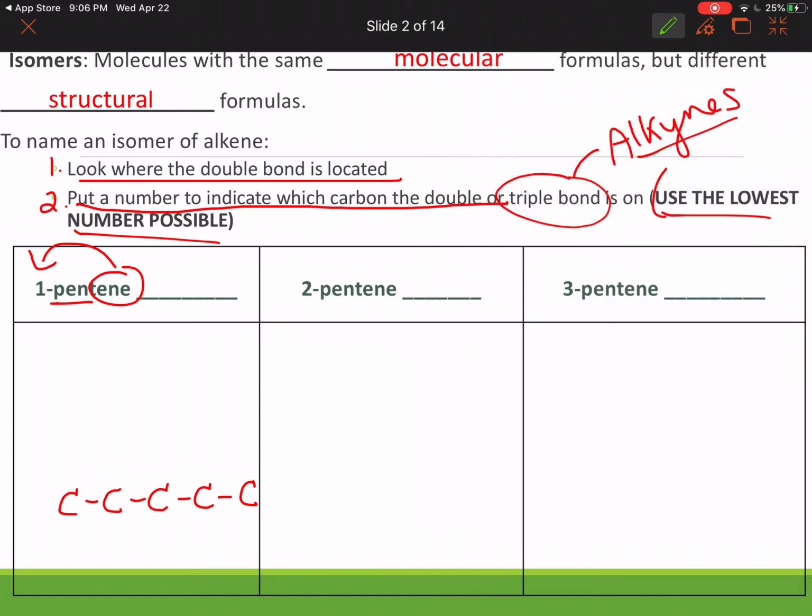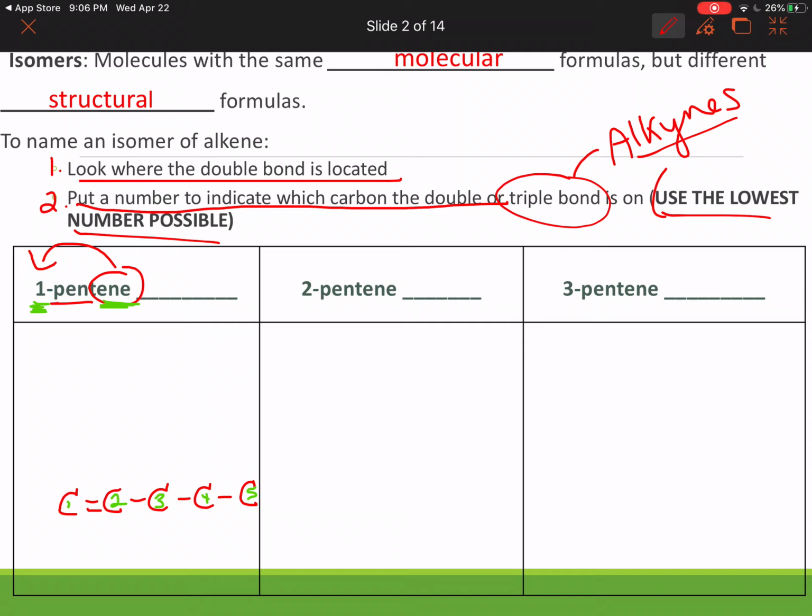We typically start from left to right just because it's easier, because that's how we read. But it doesn't have to go left to right, so we're going to change that. You need to be flexible with the fact that you can read from left to right or right to left. But because we're creating this structure, we're going to keep things simple. So on carbon 1, we're going to put an ene in there. And what does ene mean? An ene means that we have a double bond.